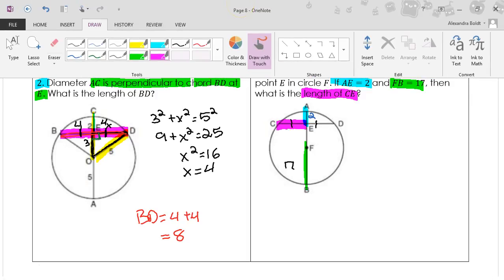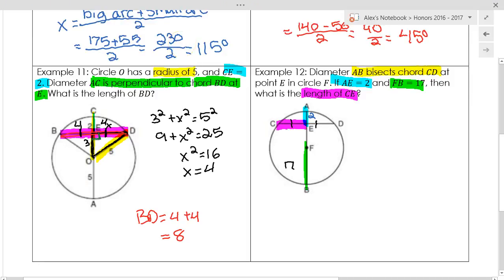Since AB bisects chord CD, using our theorem, it also means this is a right angle. So all I'm going to do in order to solve this is create a right triangle. I'm going to connect C and F. Sometimes you'll have to draw in lines that you don't have.